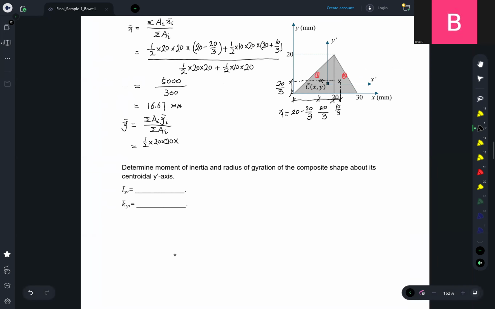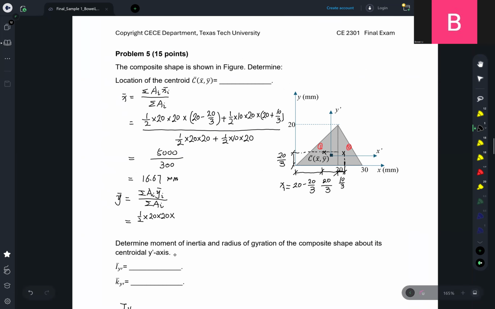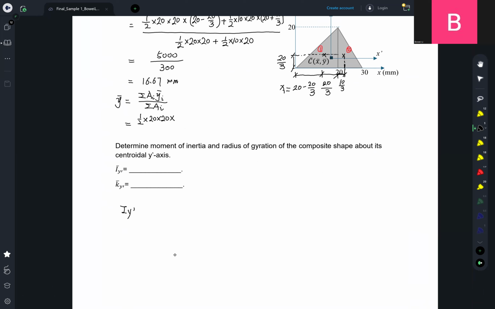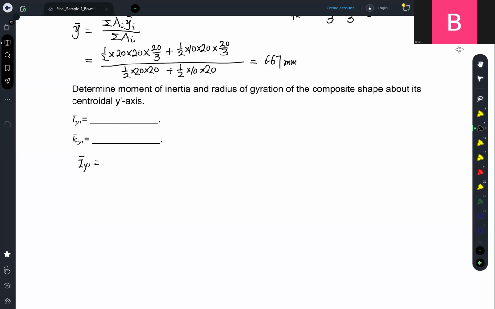So that will require us to use the parallel axis theorem, right?